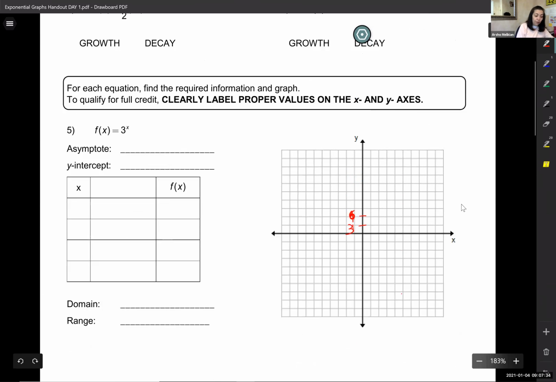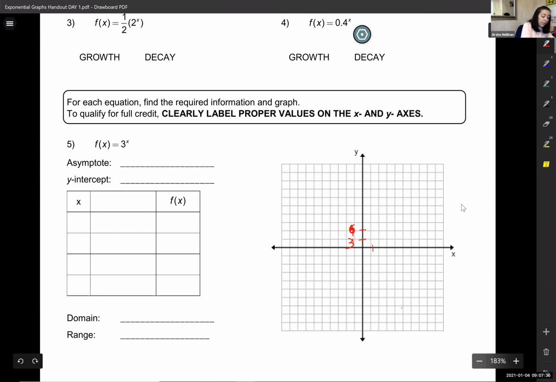However, in order to get full credit, you have to put values on your axis. Now, do you have to go like ad nauseum every single one? No. If you just put 1 or 2, it's okay. So if you just do 1, 2, I know you're going up by ones. And then here, let's say you want to go up by threes. 3, 6, and that's enough to tell me, right?